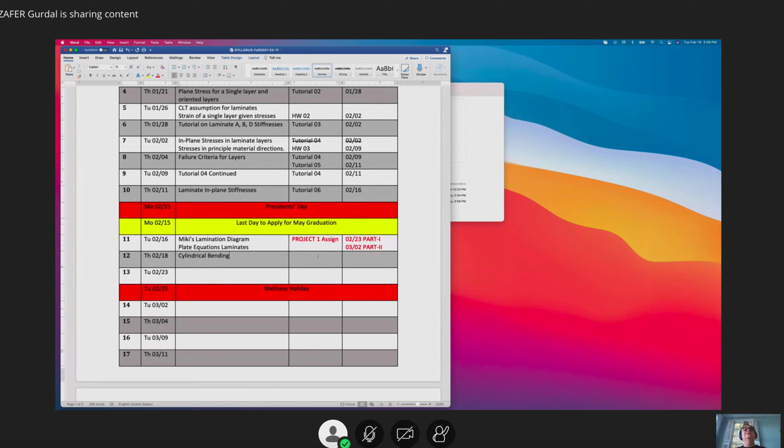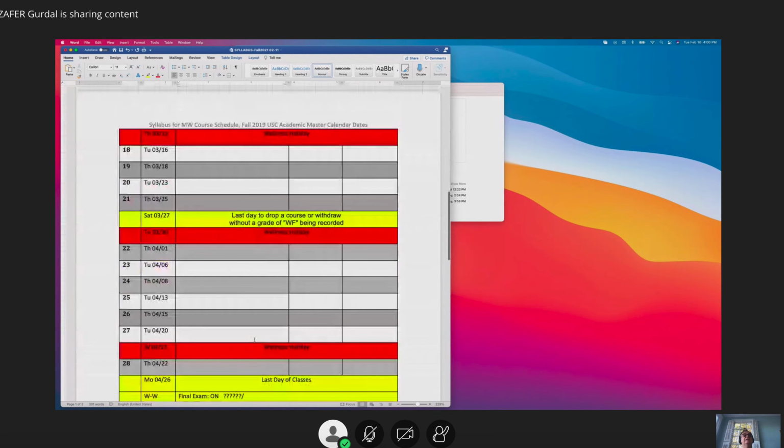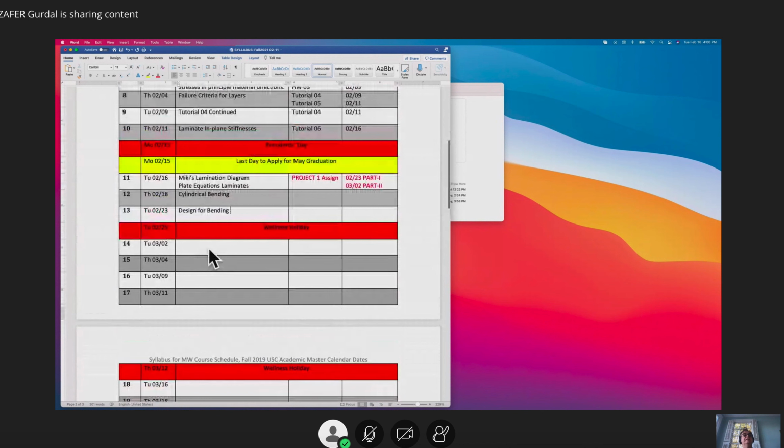We'll just start with those equations next time and solve them, that's the 18th, the next lecture. Okay, and then we're going to go for design for bending. Then we're going to solve it. Then we're going to start, I think, the design optimization.